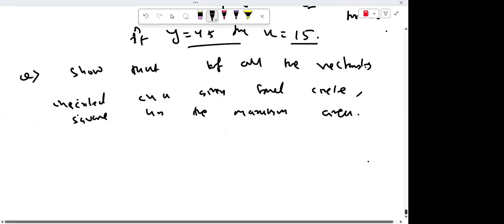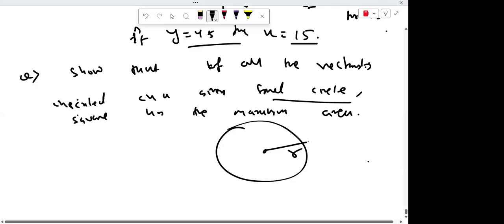Okay, they are saying in a given fixed circle, that means there is a circle with a fixed radius. So of all rectangles, that means no matter which kind of rectangle you draw, you can draw an infinite number of rectangles like this.